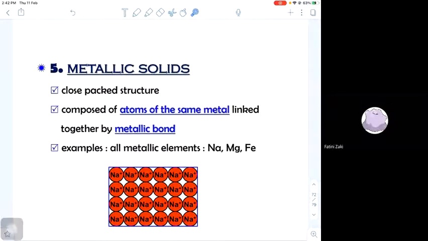This metal is composed of atoms of the same metal linked together by metallic bonds, so the interparticle force is the metallic bond. Examples of metallic solids are all metals: sodium, magnesium, iron, chromium, aluminium, even the aluminium foil that you have in your house. The aluminium foil is also a crystal.